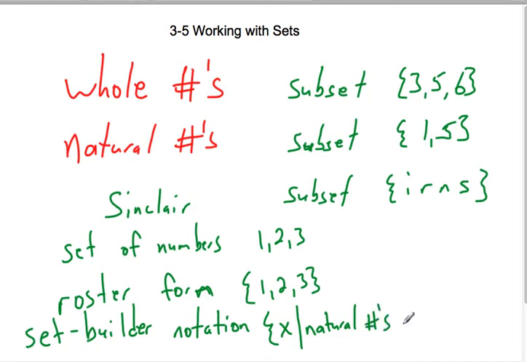And you could have other ways of describing it. And also, it is less than 4. So every number in this set builder notation, the description of all the numbers would be 1, 2, and 3, right? Because they're all natural and they are less than 4. And there is no natural number less than 4 that's not included in this set.